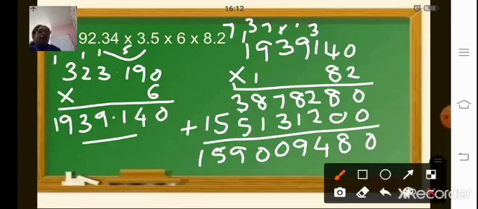So that is after 4 decimal places you will put the point. So 1, 2, 3, 4. So your decimal point will be here, that is after 0, or you can say before 9. So your final answer is 15,900.9480.